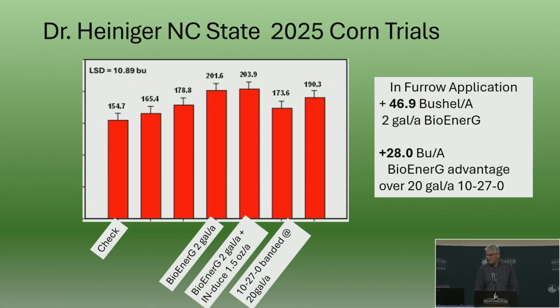And if they don't do that, they take a hit. Here you can see that the 20 gallons of that was about 20 bushels better than the check. But if you added 2 gallons of bioenergy to that, it was 28 bushels better yet.